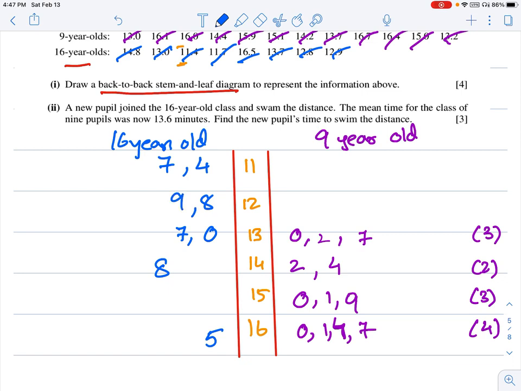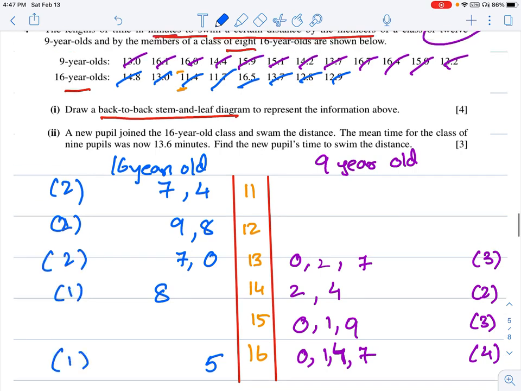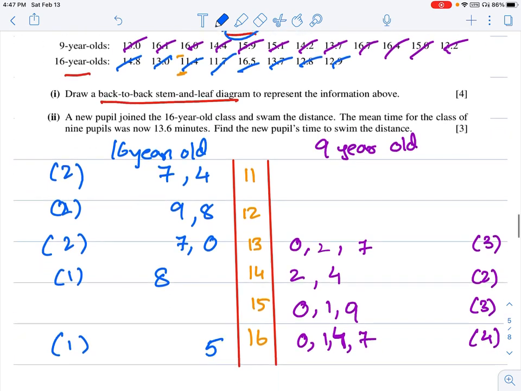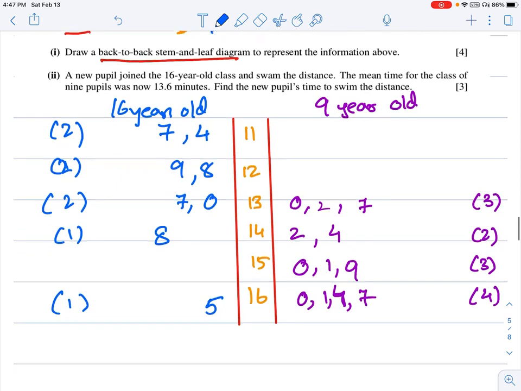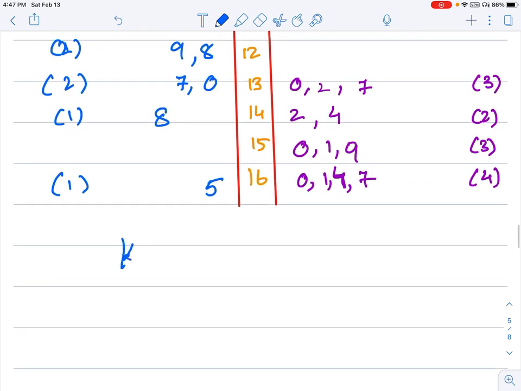That's all. These are the answers. Check it out. There should be how many people over there? 8 people. Do I have 8? 6, 8. Yes. Then don't forget to write the key.